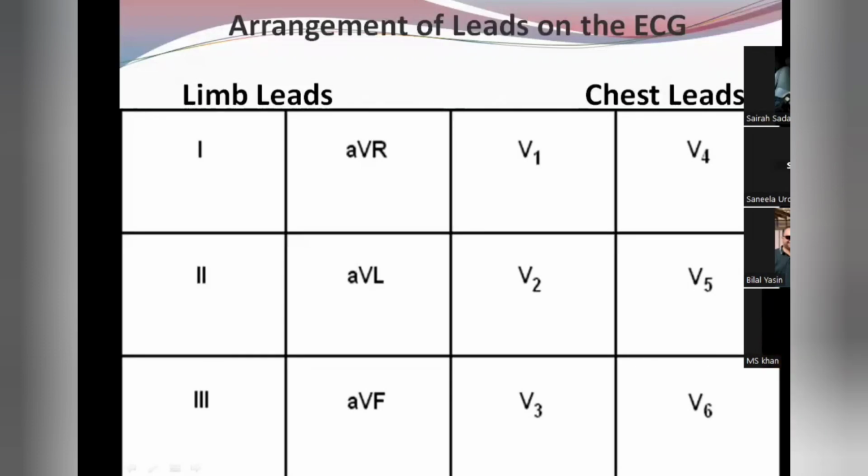So I will tell you how. First of all, you have to know that we have limb leads as we have limb electrodes. So limb electrodes give us information about these 6 limb leads. And then there are the 6 chest electrodes, which give us information about the 6 chest leads.